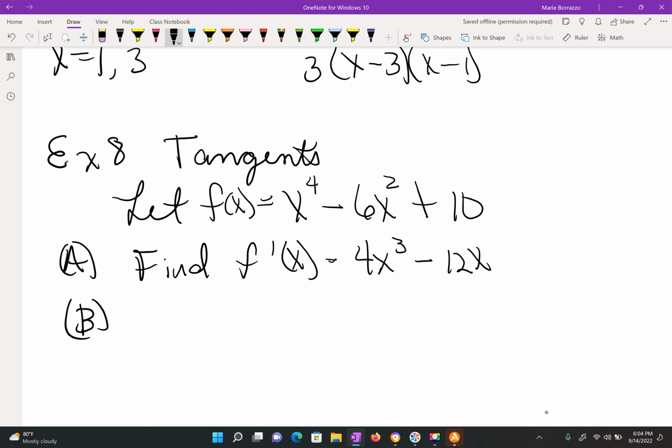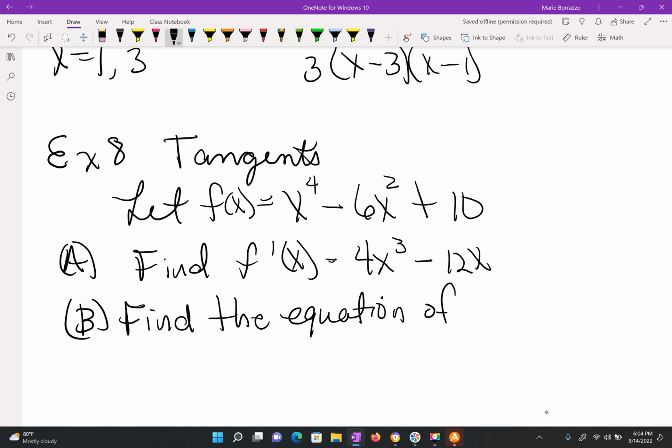Easy. And part B, they want us to find the equation of the tangent line at x equals 1.